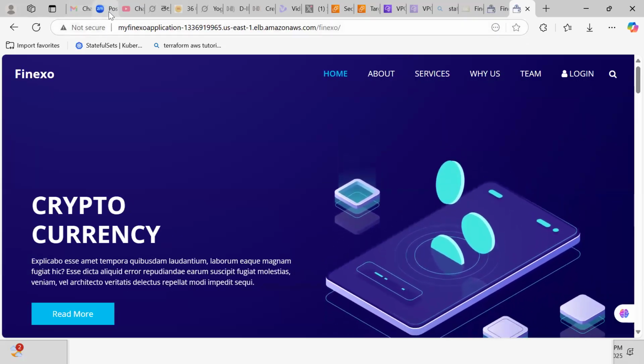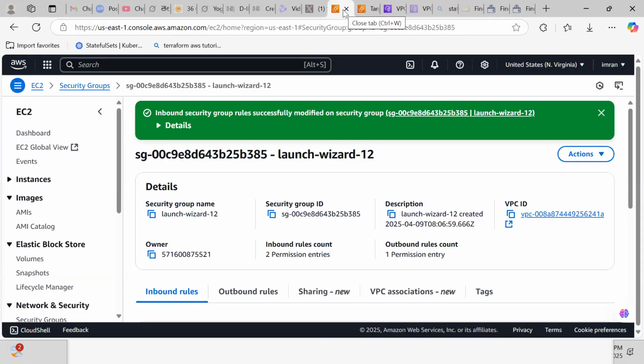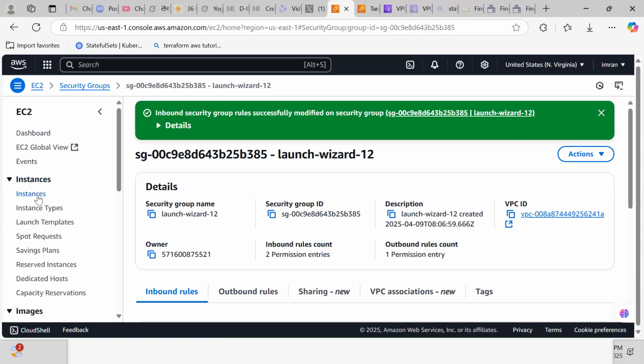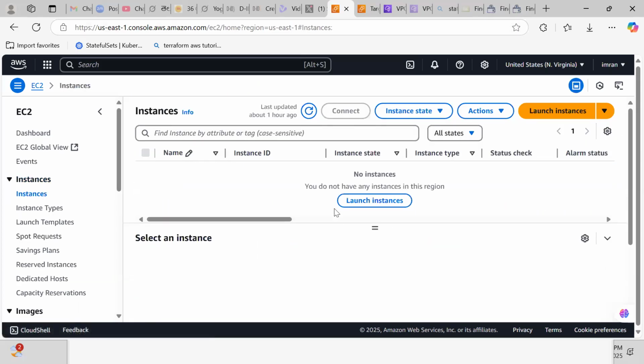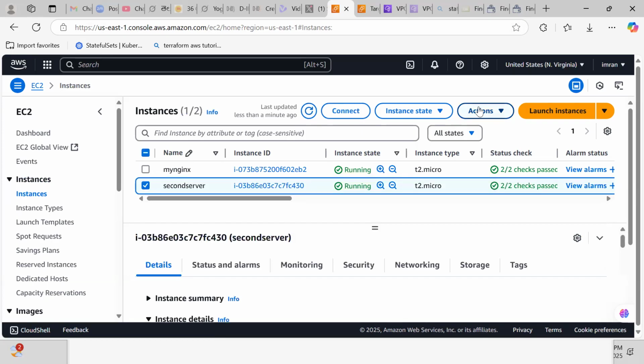Now we have two instances. The load balancer will take the decision on where to redirect. So now what I'm going to do is, I have two instances, right? I'll stop one instance, maybe the second instance.